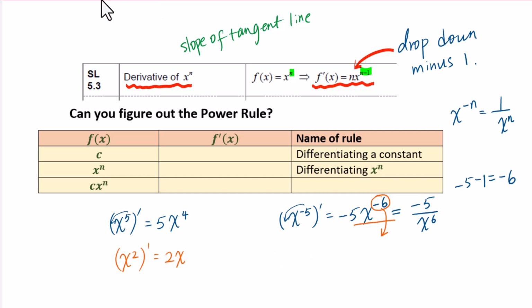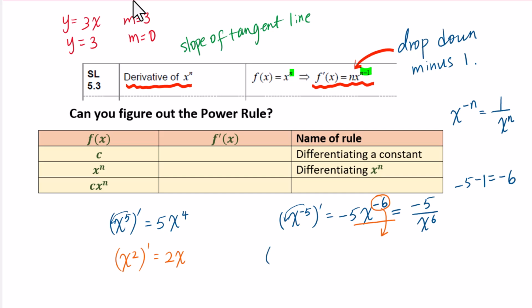We do know for y equals 3x, slope equals 3. Y equals 3, slope equals 0. For linear function, the tangent line will be itself.